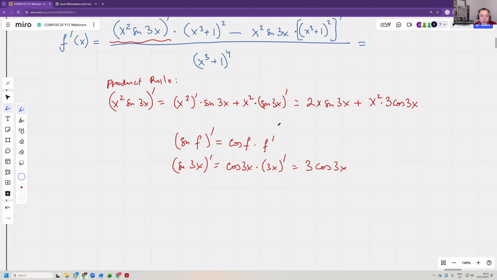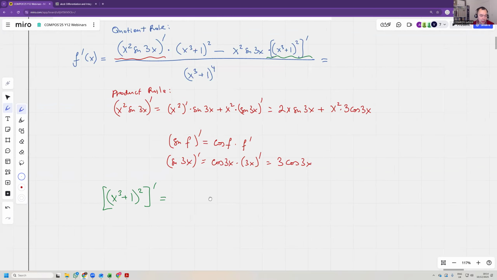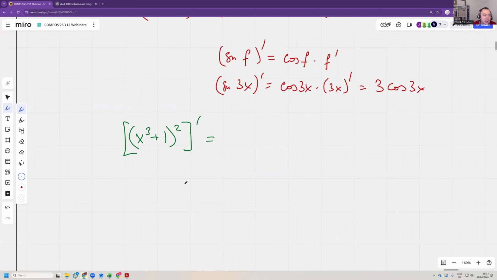Now we need to deal with this bit. So let's take a different color, green. (x cubed plus 1) squared dash. Now I could write x cubed plus 1 times x cubed plus 1 and use the product rule, but I'm going to use the chain rule here.